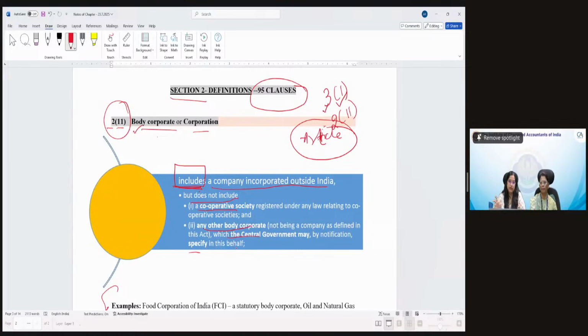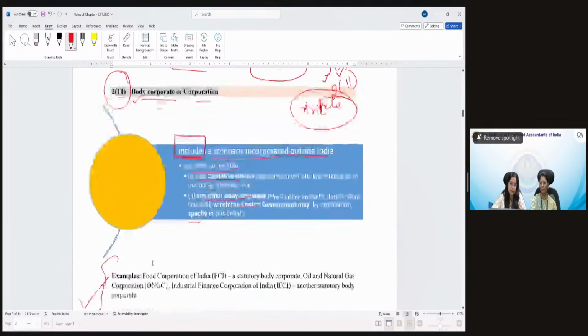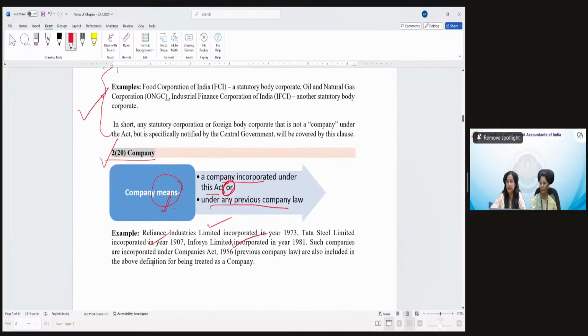But when we deal with company, it is narrower, because it specifically says that the company must be incorporated under this Act or the previous law to be categorized as a company under Section 2, clause 20. I hope this is clear. Any queries?